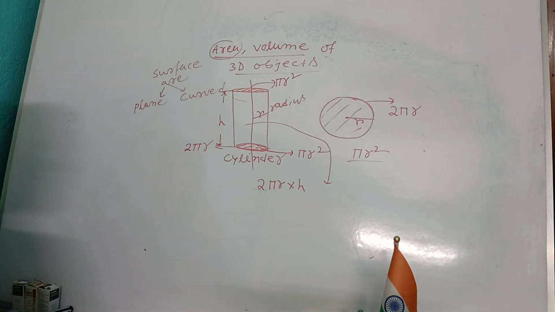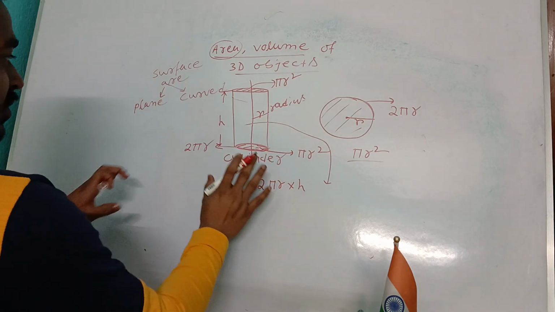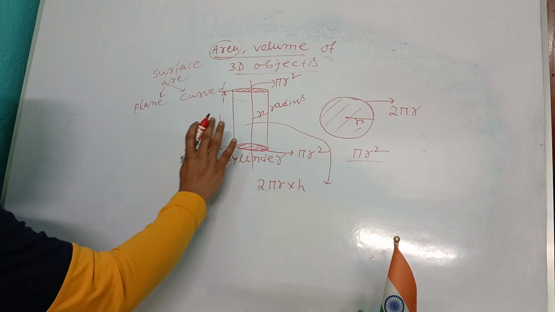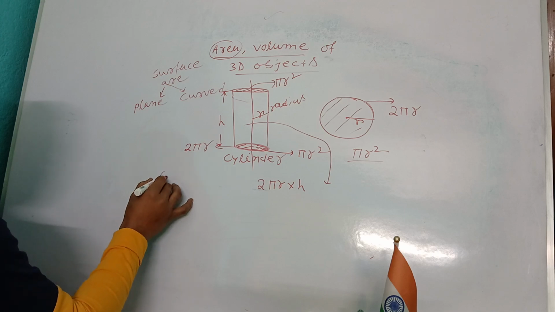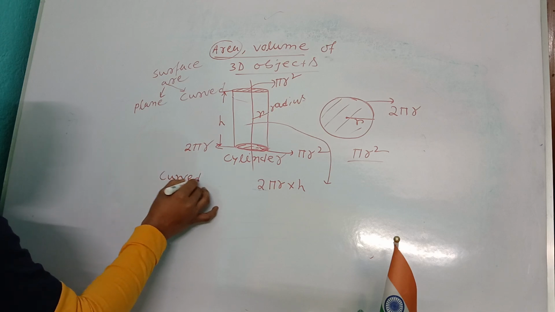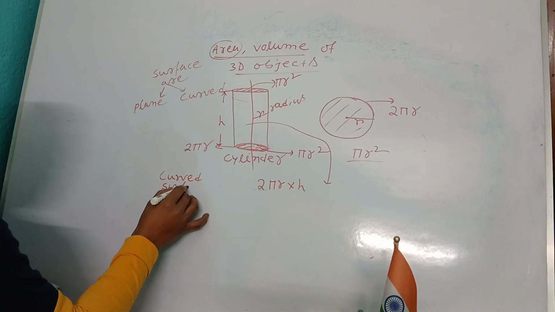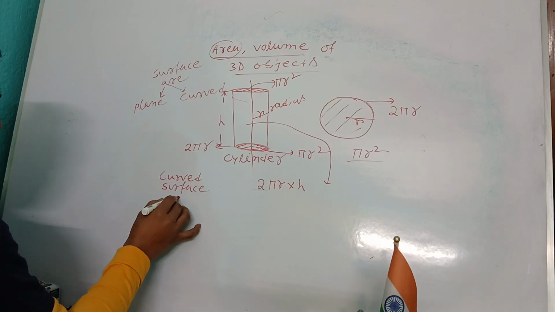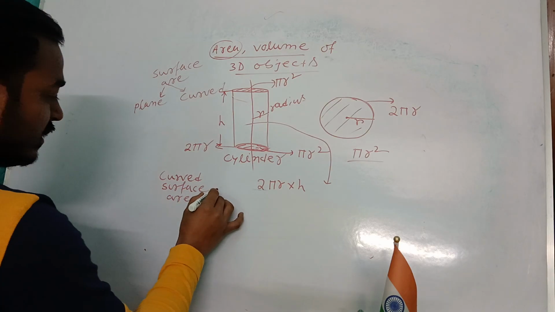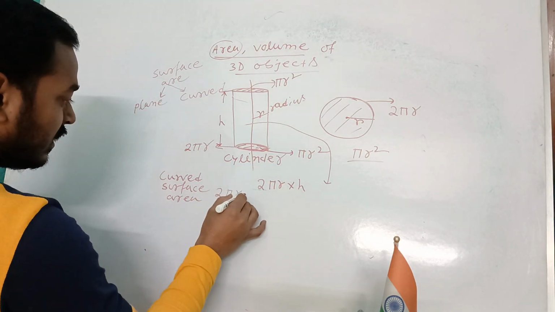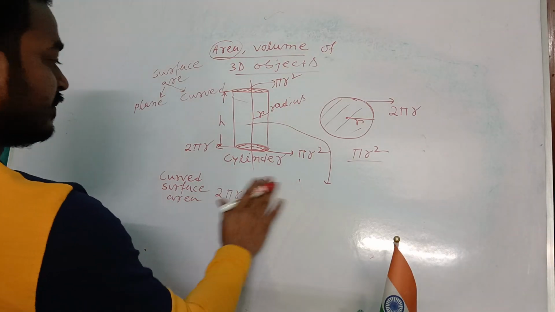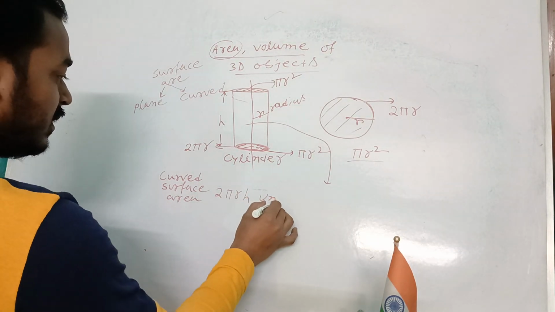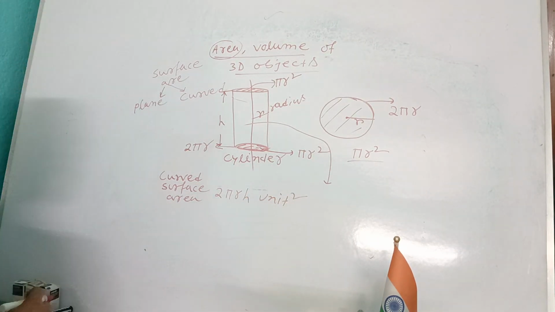So what is the curved surface area? We are getting it is 2 pi r times h, in square units.